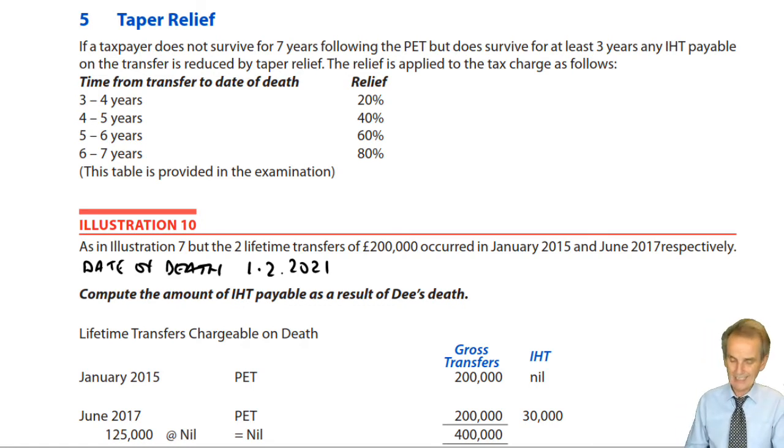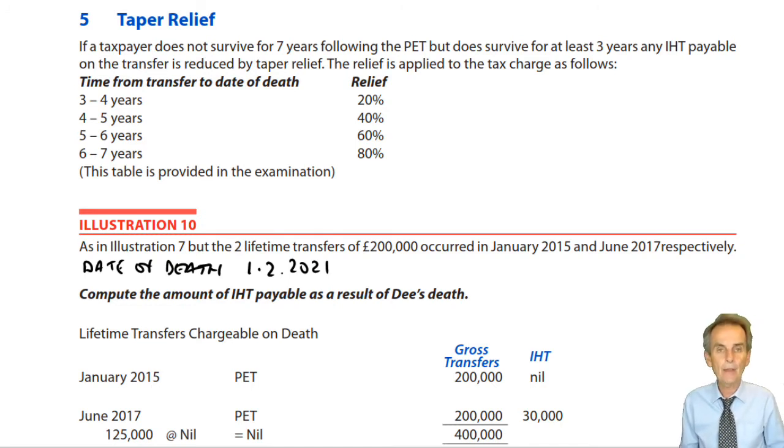And what we have discussed but not yet seen the detail of, hence now section 5, is if tax is payable on any of those PETs, i.e. we've reached a point where the PETs over the previous 7 years, starting with the earliest year first, have gone above, on a cumulative total, the nil rate band of 325, then tax becomes payable at 40%.